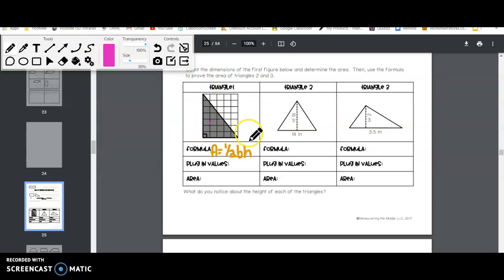So let's find the base. Base is 1, 2, 3, 4, 5. So if we were to plug it in, we got half of 5 times the height, 1, 2, 3, 4, 5, 6, 7. So half of 5 times 7. And 5 times 7 is 35.